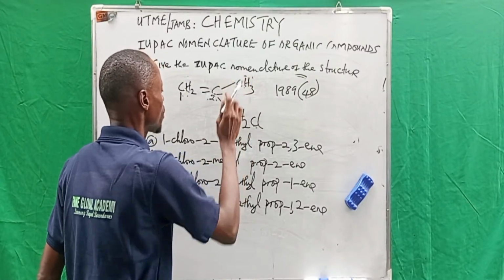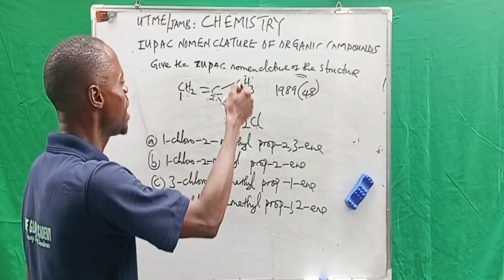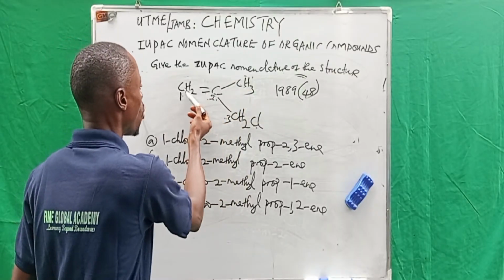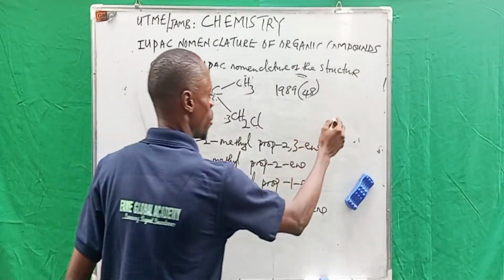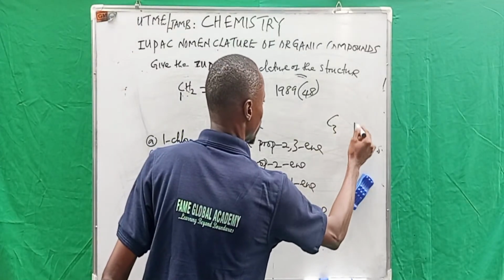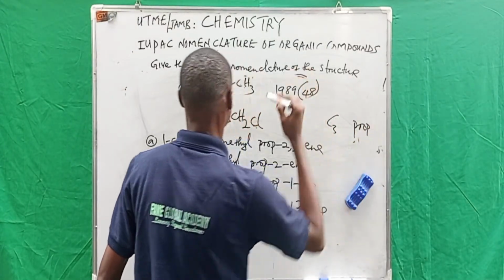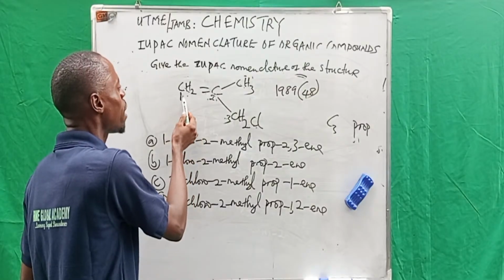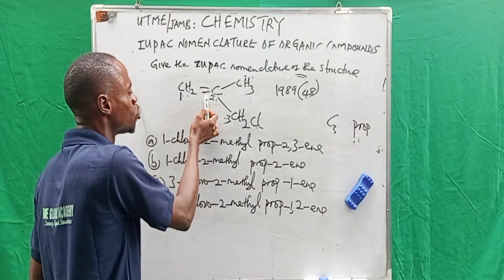Then the next thing is, how do we name? We just saw that we have 1, 2, 3 as our longest carbon, and C3 is what? Prop. Are you with me? Then at carbon atom 1, we have the what? Double bond functional group.